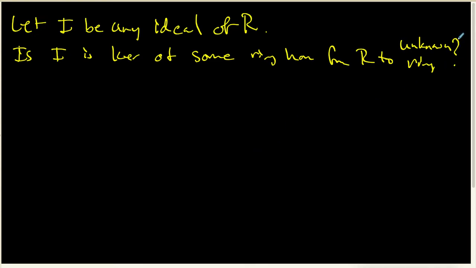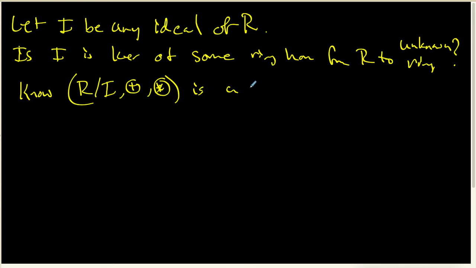And to investigate that question, I have to think about what I know about I and what I know about rings that involve R and involve I. And one thing that comes to mind is that we know R mod I under its coset addition and its coset multiplication is a ring. So is there a map that I could use from R to R mod I?